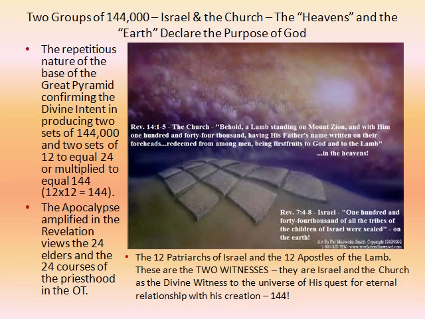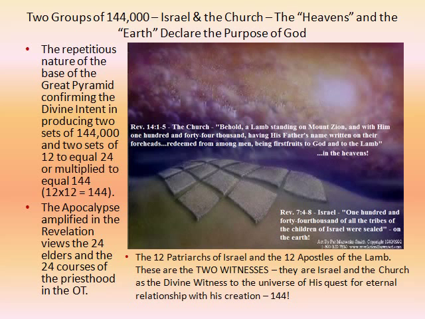They are Israel and the church as the divine witness to the universe of his quest for eternal relationship with his creation. In Revelation chapter 7, verses 4 through 8, we read of Israel, 144,000 of all the tribes of the children of Israel were sealed on the earth.